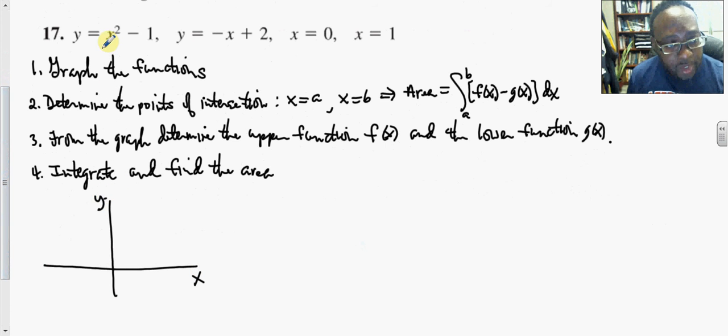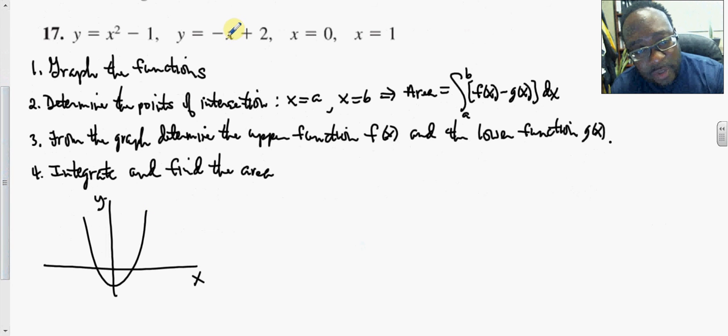So we first graph x squared minus 1. So it's a parabola. It goes down 1 on the y-axis. And then we have the straight line, which is decreasing, negative x plus 2. And so here, if x is equal to 2, then we have y is 0. And if x is equal to 0, y is 2. So let's see if we're there.